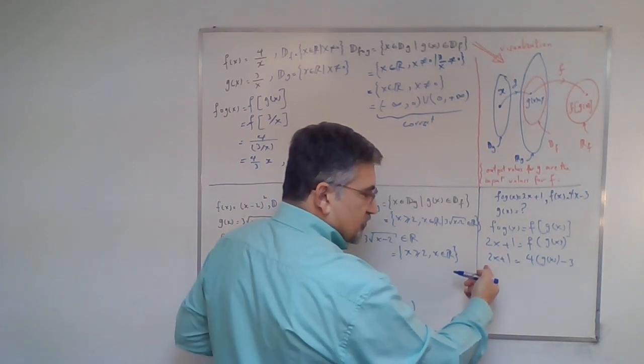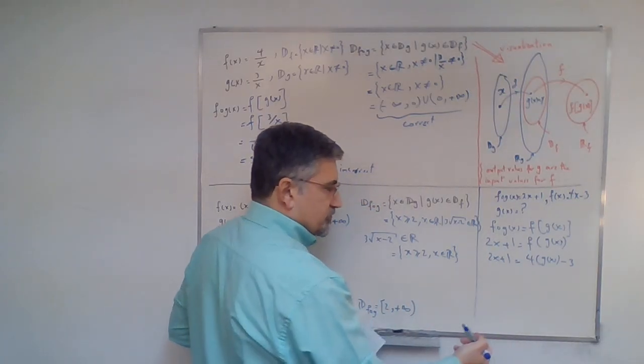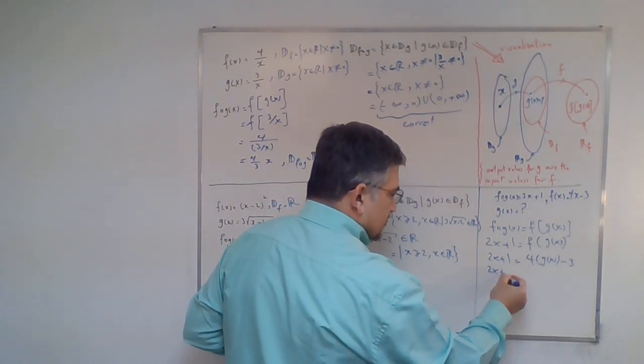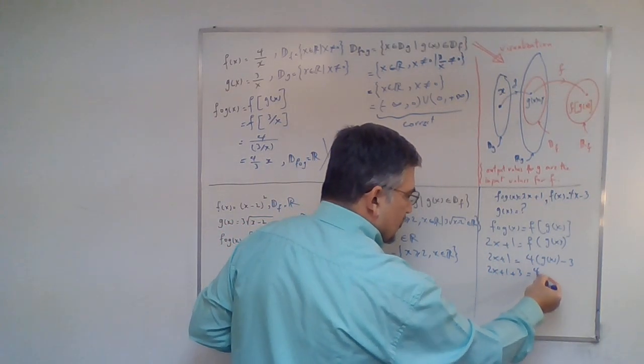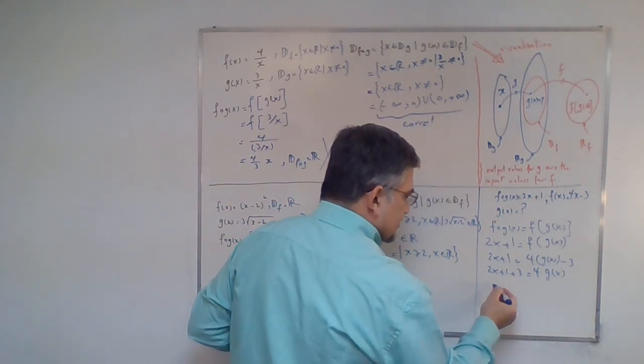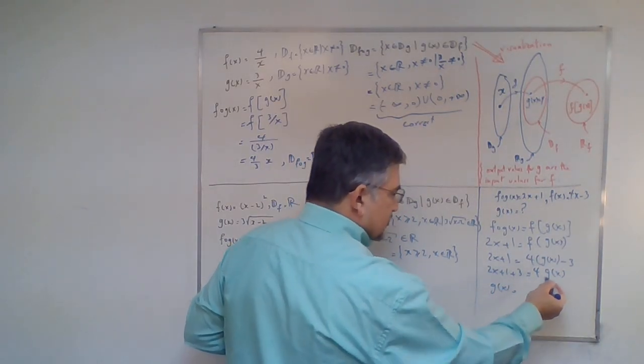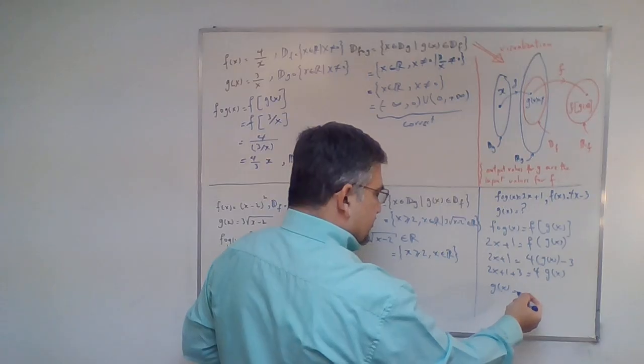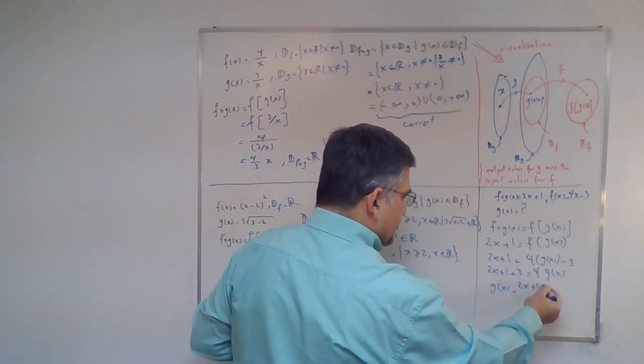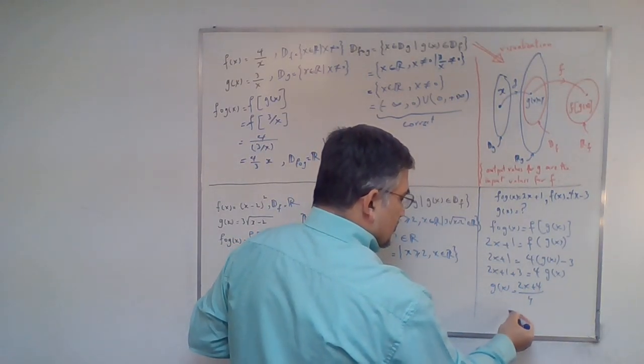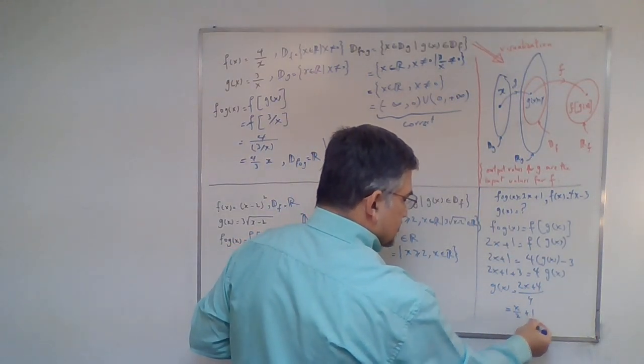So if this is equal to 2x plus 1, you can easily solve for g of x. You say 2x plus 1 plus 3 equals 4 times g of x, and from there, g of x will easily be found. That will be 2x plus 4 all divided by 4, which gives you x over 2 plus 1.